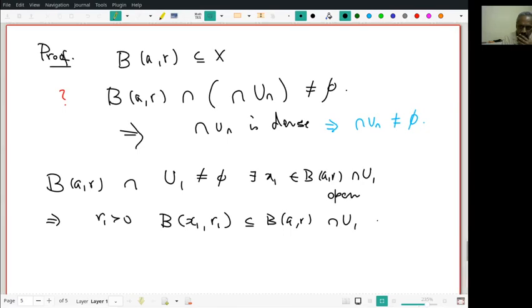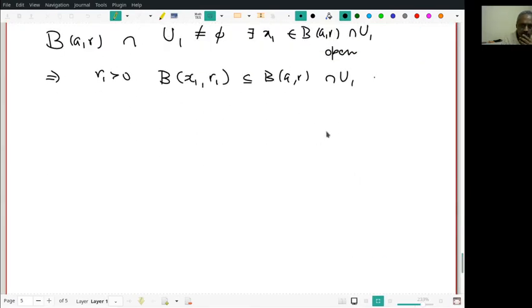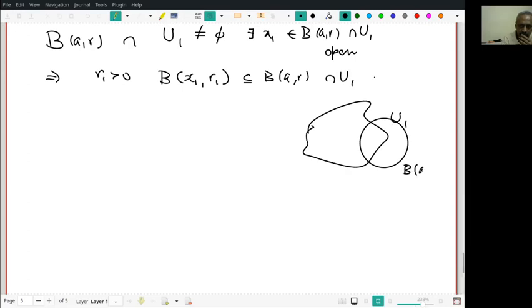Do you have some kind of picture? So I have U1 and this may be my B(a, r). That means there is x1, therefore r1, this is contained. This is my V(x1, r1).